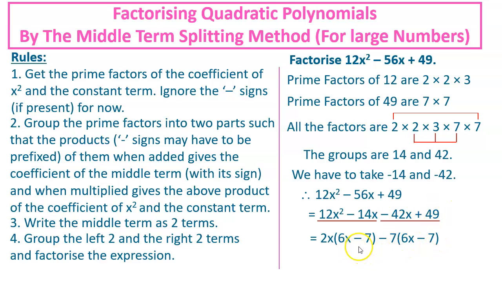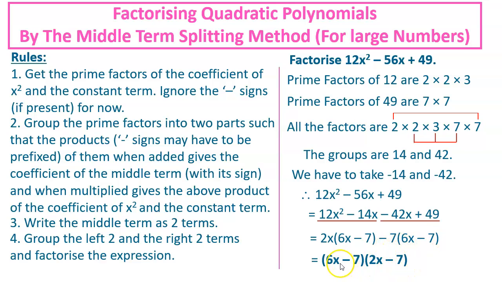And this part should be common in both the parentheses. Within the parentheses, the expression should be the same for both. This is essential. Next, since this part is common to both, 6x minus 7 is taken as the common factor, and from the first part, 2x comes within this parenthesis and minus 7 comes.